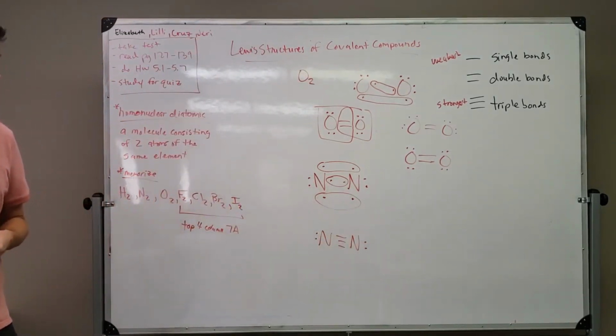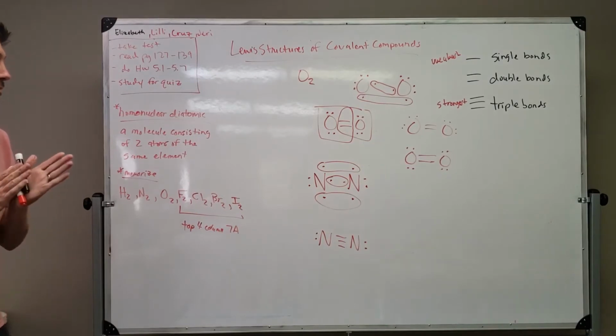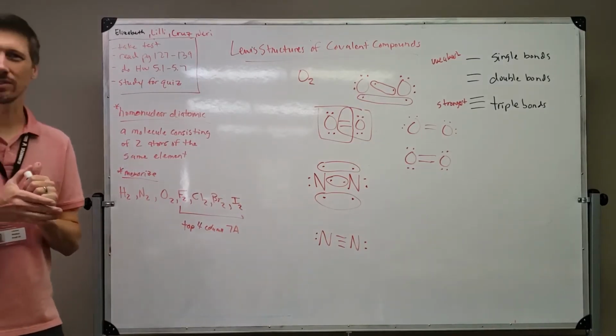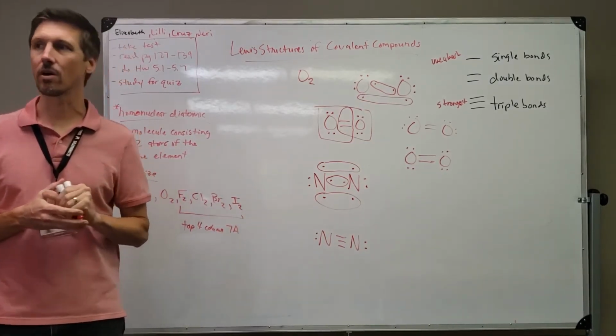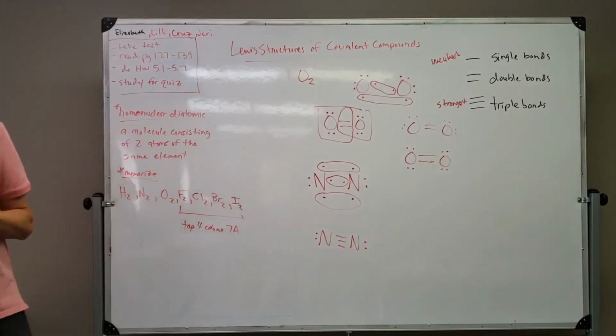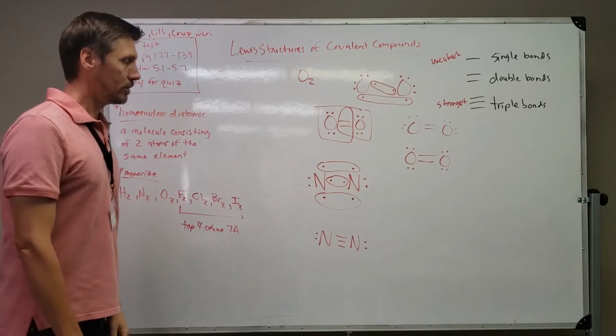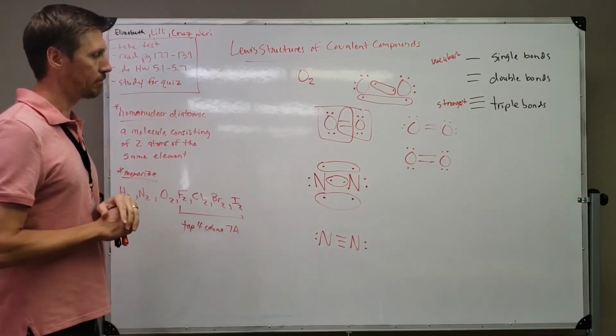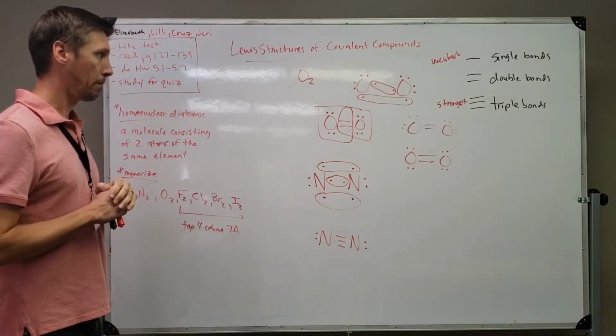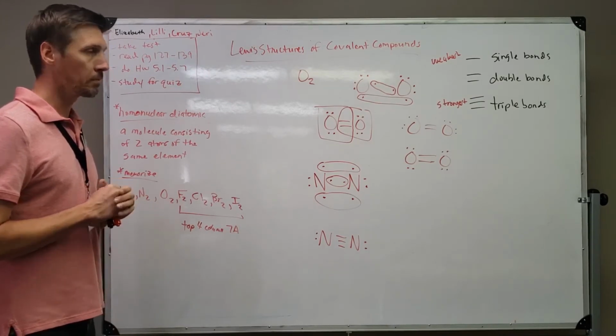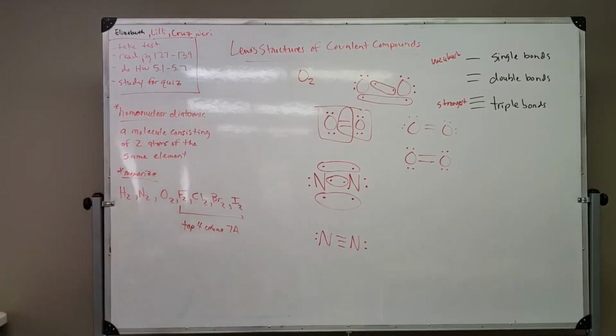Make sense? Yes. Always count your electrons at the end just to make sure you haven't done something wrong. If you do that at the end, that'll keep you from making some kind of silly mistake. Make sure you get full credit for it.